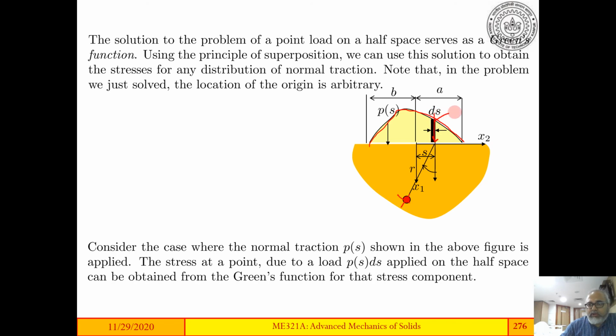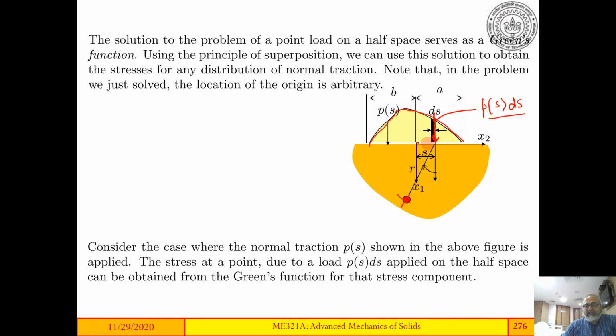How big is the point load? This point load is P(s), which is the value of P at this location s, times the area on which it is applied, that is ds times 1. So P(s) ds is the point load that is applied at a distance s from the current origin.